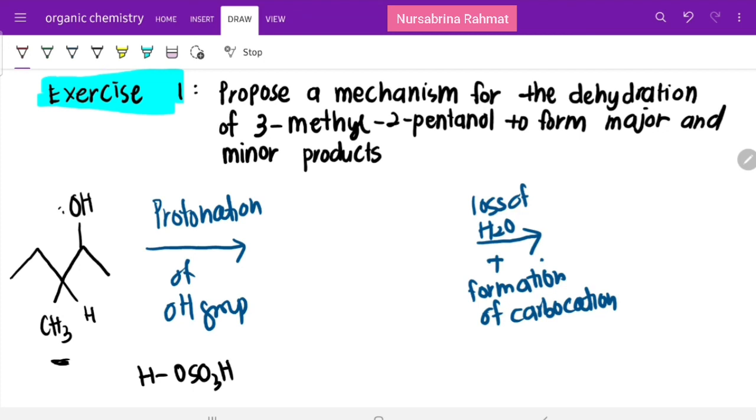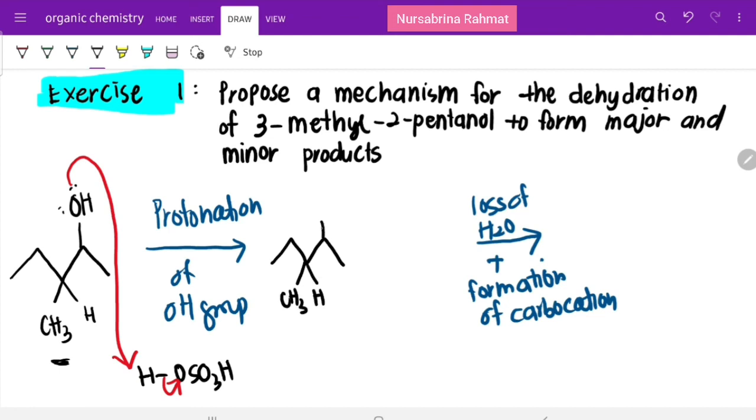First, we're going to make a protonated alcohol. This lone pair from your oxygen will attack this hydrogen and the bond will break, leaving us with a nucleophile and a protonated alcohol: OH2 with a plus charge, plus your nucleophile.